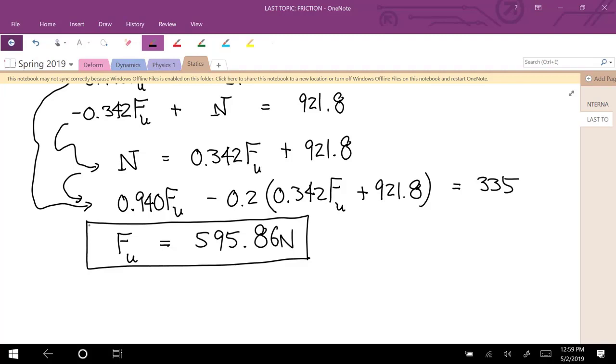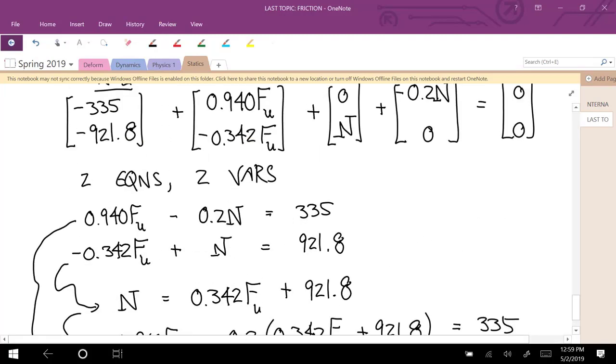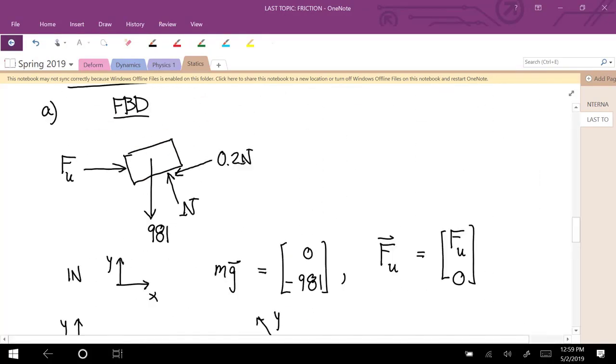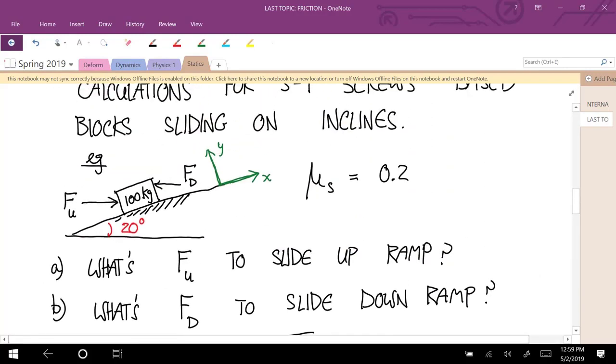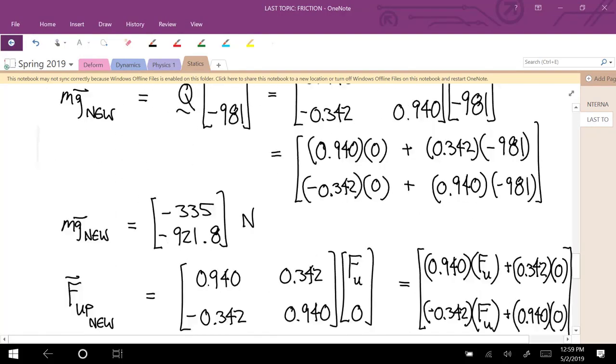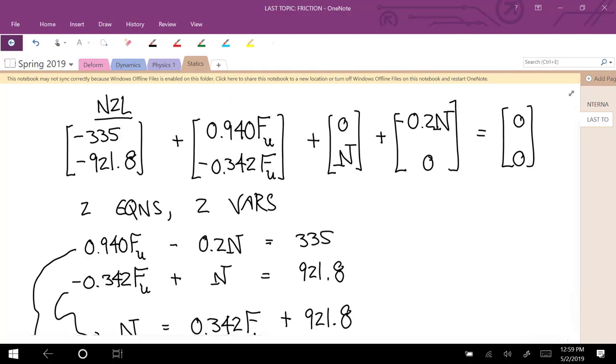But if you think about the way gravity is acting here, when you're trying to move it up the ramp, gravity is fighting a little bit, and when you're moving down the ramp, gravity is helping a little bit. So you're always going to get a bigger magnitude of force to push it up the ramp than to get it moving down the ramp. That's something that comes up in these square-threaded screw problems.